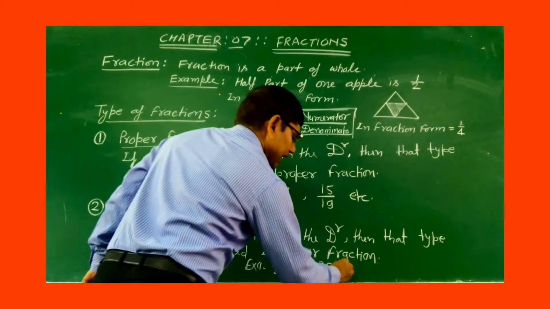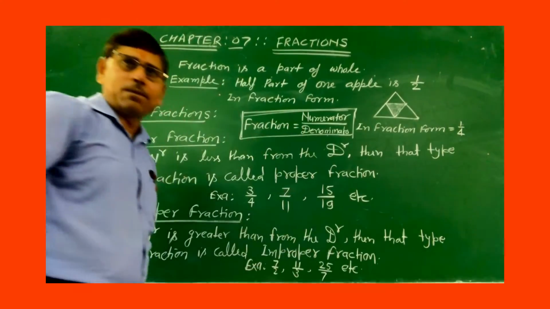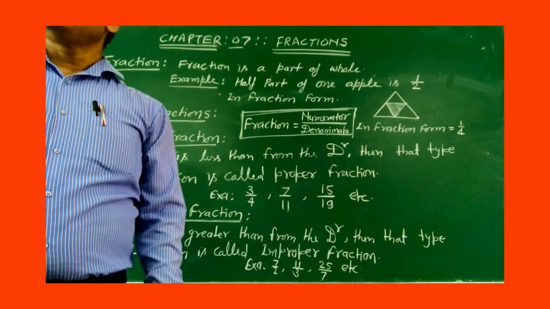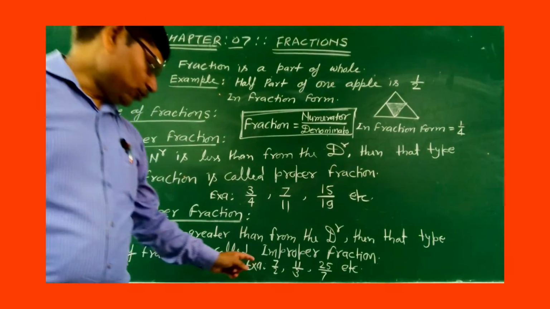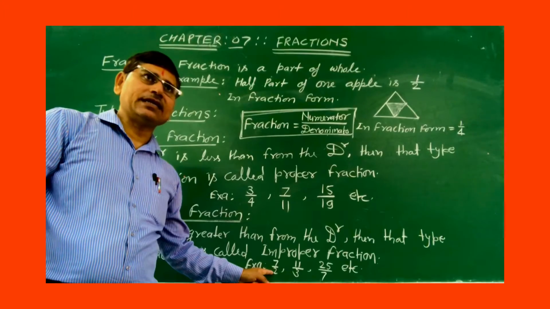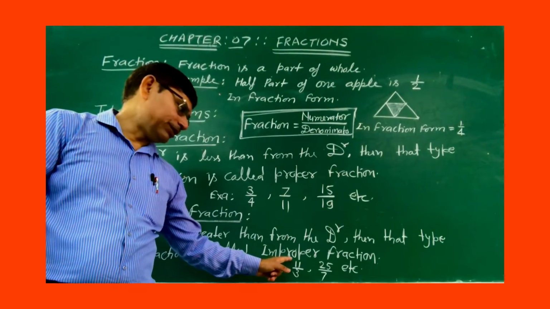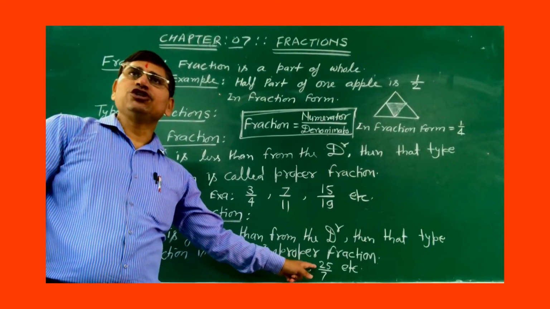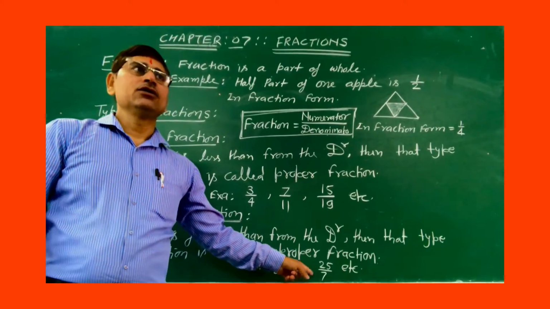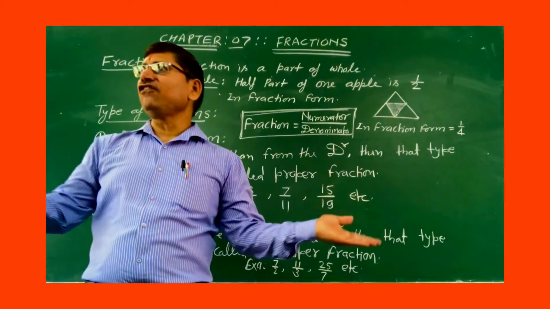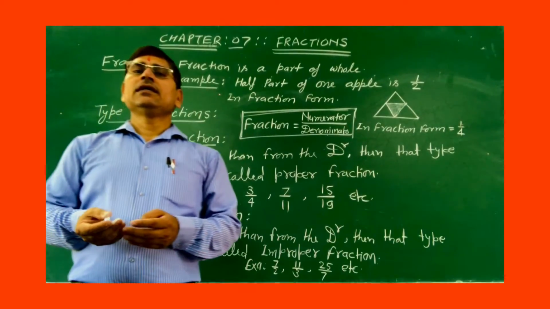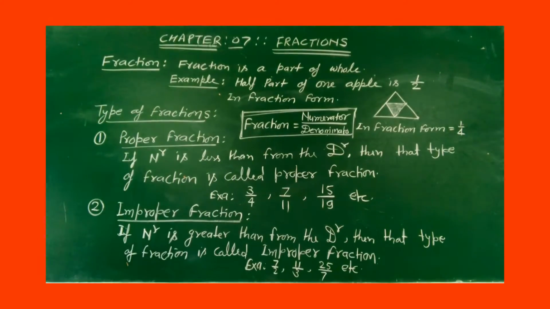These all are improper fractions. Why? Because here numerator is greater than the denominator. Numerator is bigger, denominator is smaller, so all fractions of this type are called improper fraction.